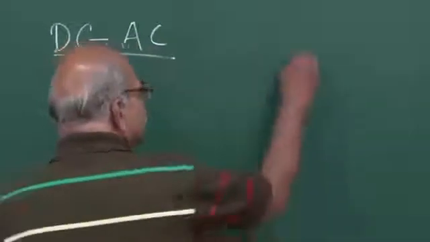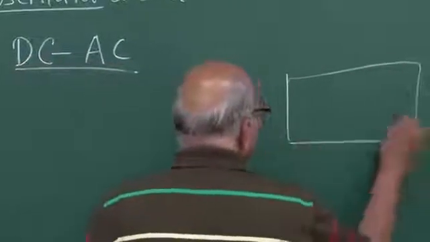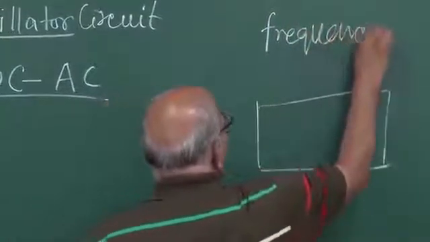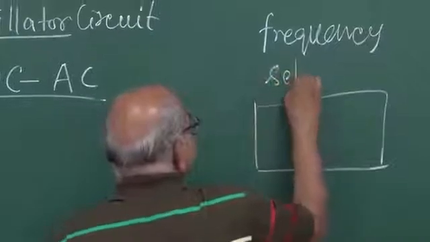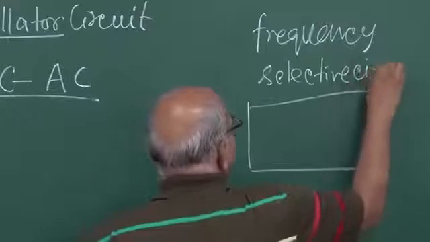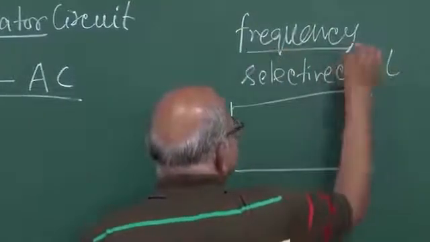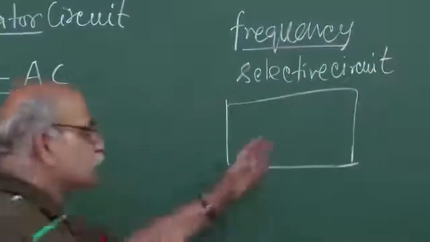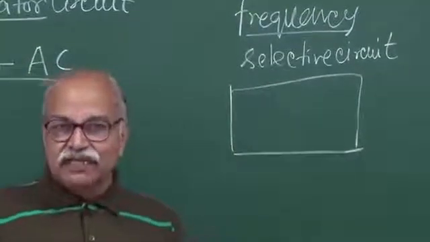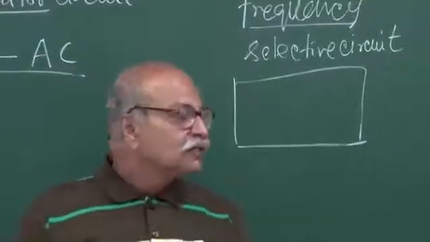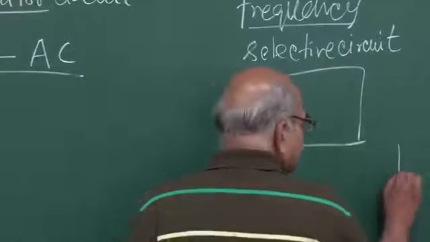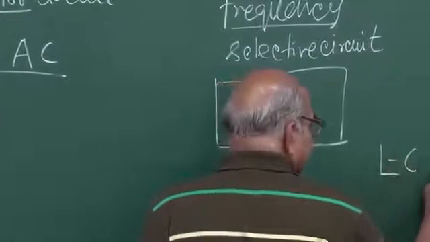So, you must have a frequency selective circuit oscillating. One can have varieties of circuits depending on which range you are in. One is what we call the inductor capacitor, LC circuit.